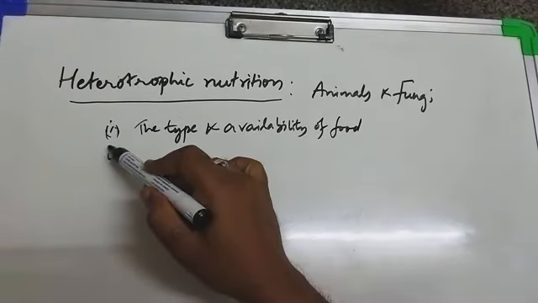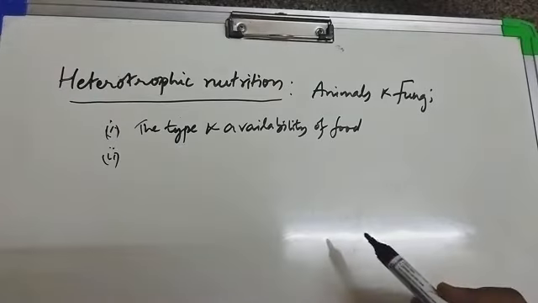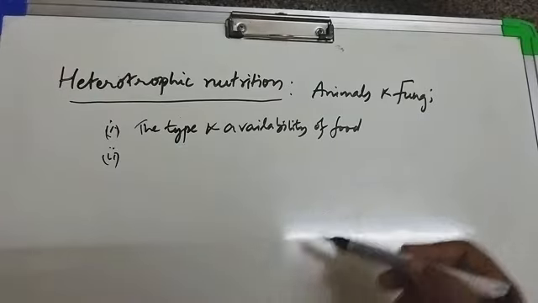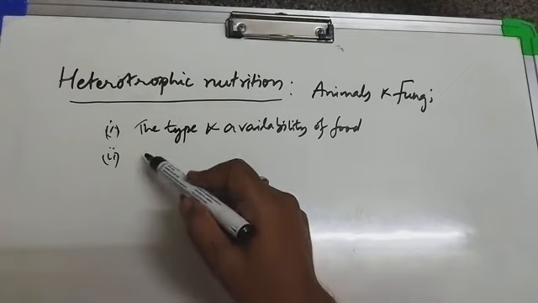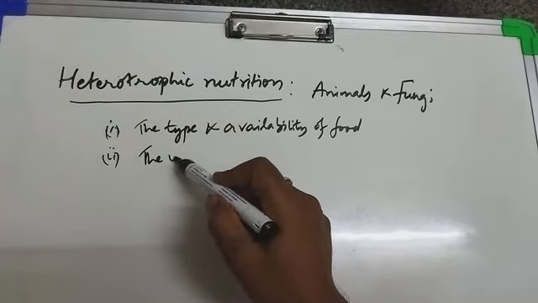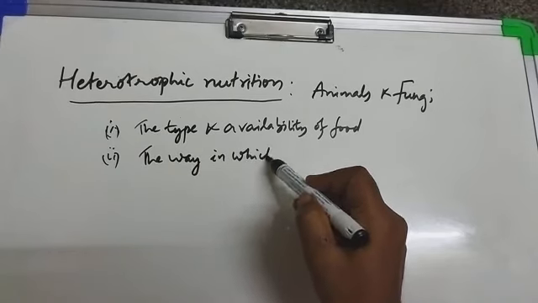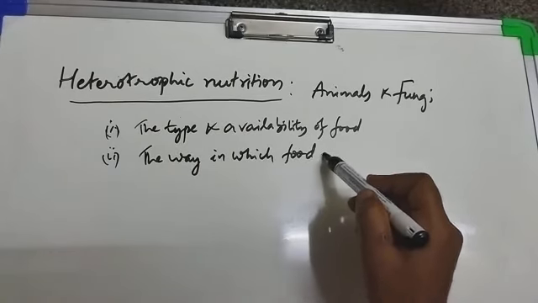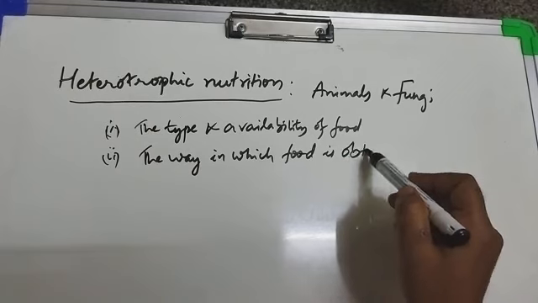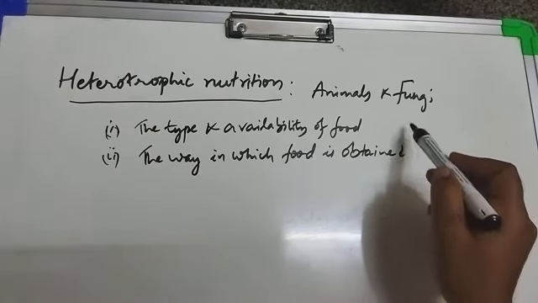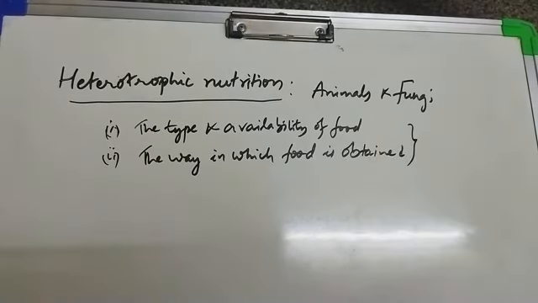Next, the way in which food is obtained. These two things decide the form of nutrition.